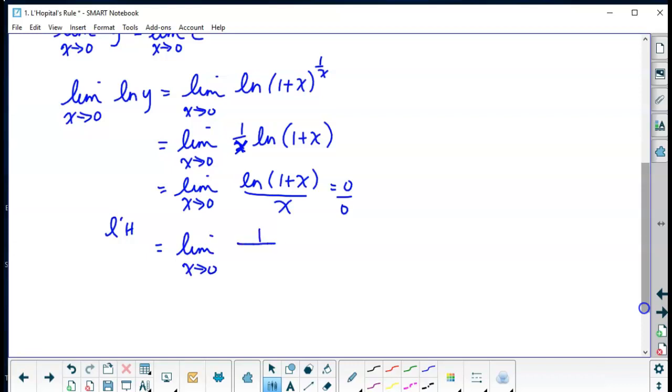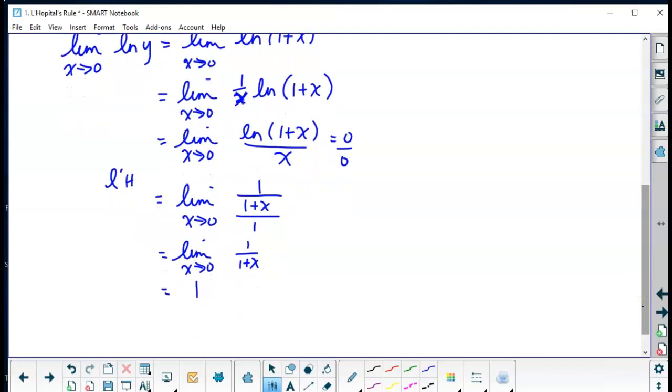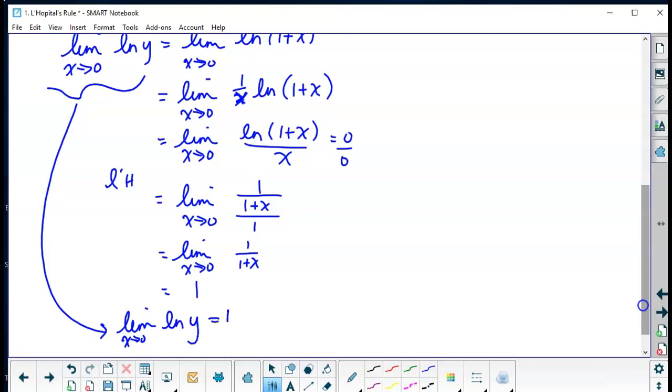So that's going to be 1 over 1 plus x over 1. Which is 1. Okay, now we're not quite done here. Now we need to think about back up here. So limit as x approaches 0 of ln y equals 1.